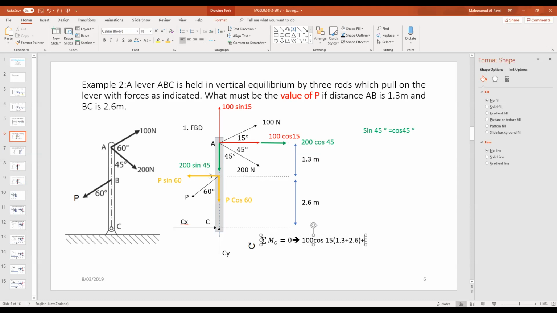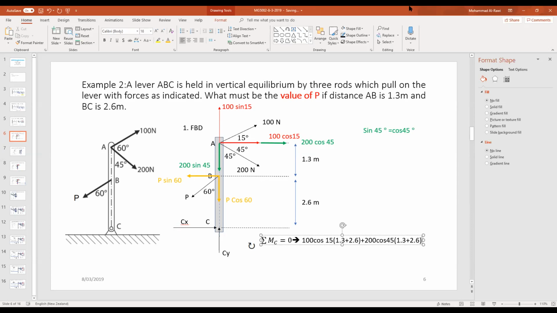Plus, we have the green force, which is 200 cosine 45. So it'd be 200 cosine 45 degrees times the distance. What's the distance equal to? It's the same thing, 1.3 plus 2.6. So the distance from the action of the force till point C.